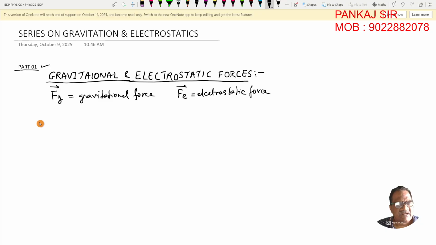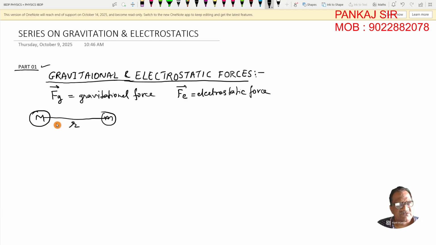Now suppose you have a mass capital M and another mass small m, separated by a distance r. Then between these two masses there is always a force of attraction, which is known as Newton's gravitational law of forces.